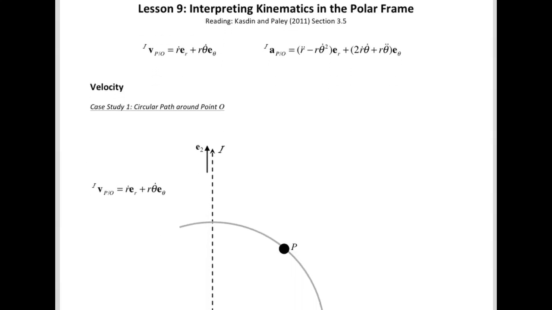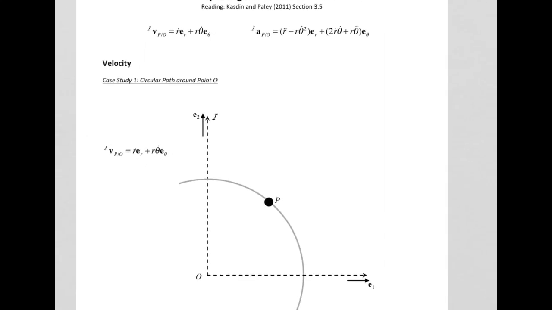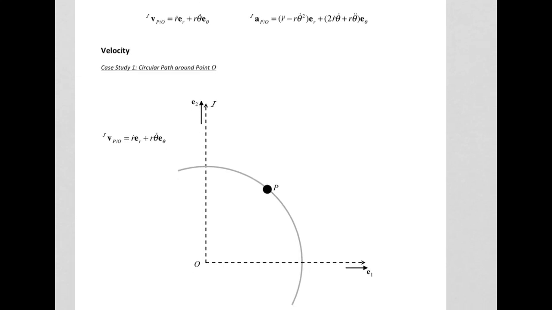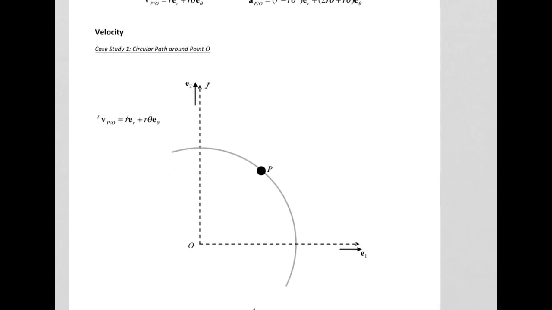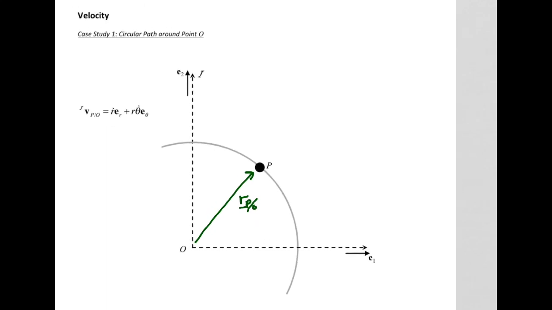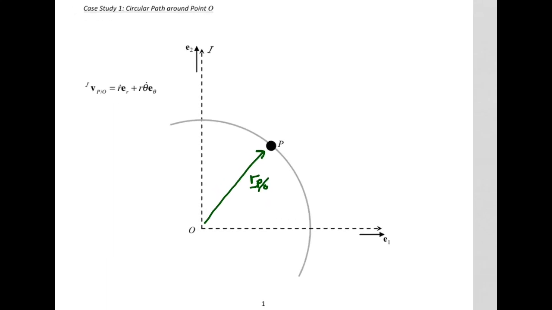Alright, so let's tackle a couple case studies in which we can start to tease apart exactly what's happening in the velocity. So we'll do velocity first. For this first part, we've got just a circular path around point O. And we've defined this position vector, r of p with respect to O. And remember, from day one, when we talked about what a velocity is, we said that it's this change in position vector.